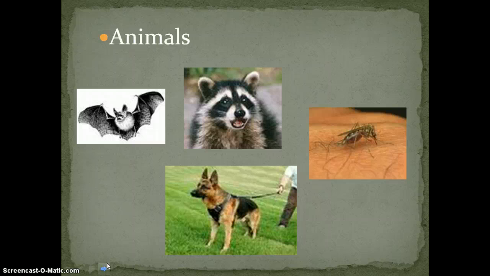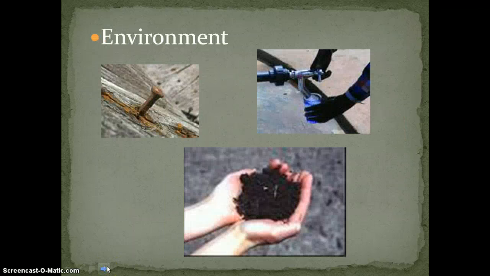You guys know about how rabies can be spread by animals like raccoons, bats, dogs. There are other diseases that can be carried and spread by animals. And the environment: contaminated water and soil can also spread diseases.